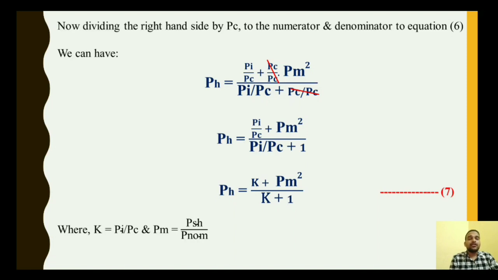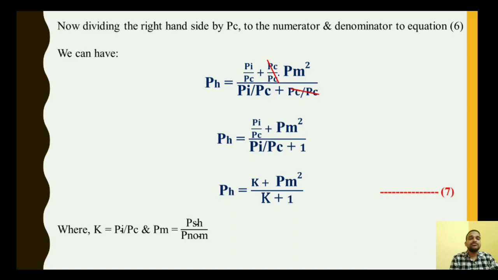Whatever quantity we divide the numerator by, we have to divide the denominator by the same quantity. So we divide by P_C in the numerator and the denominator, and the overall equation remains balanced.